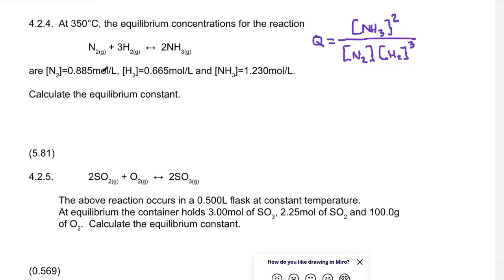And now they give us all the numbers. They say we're at equilibrium and these are all our concentrations. Find the equilibrium constant. Well, our NH3 number is 1.230. Don't forget to square it. Nitrogen is 0.885, right there. First power. Hydrogen is 0.665.